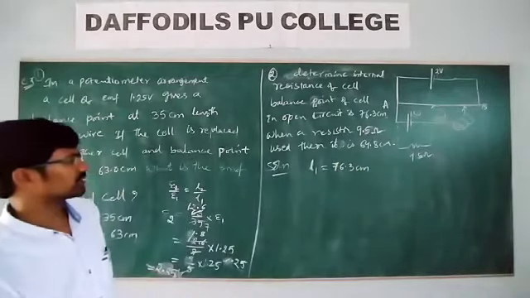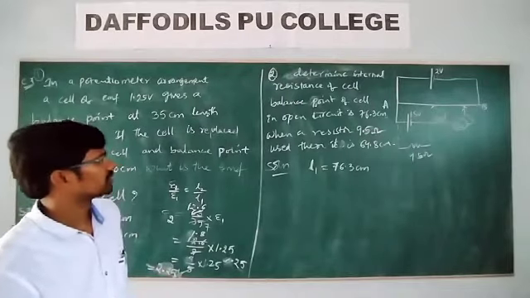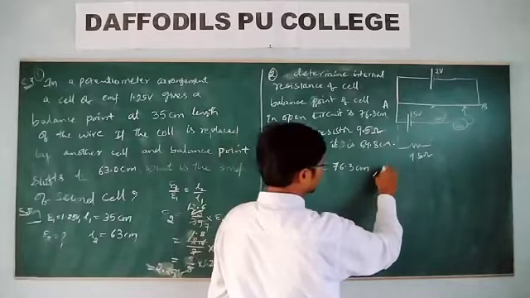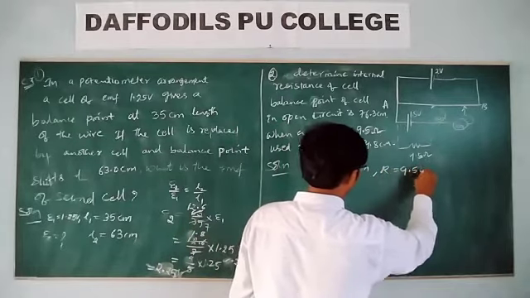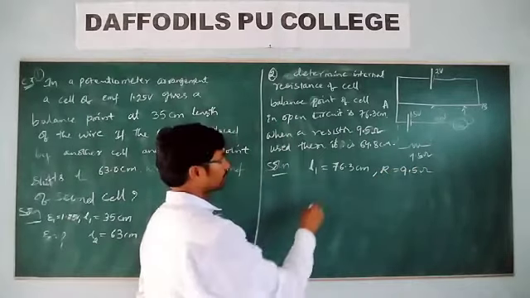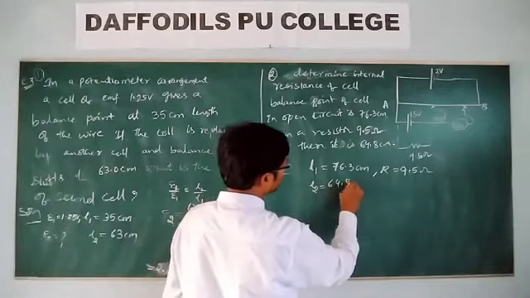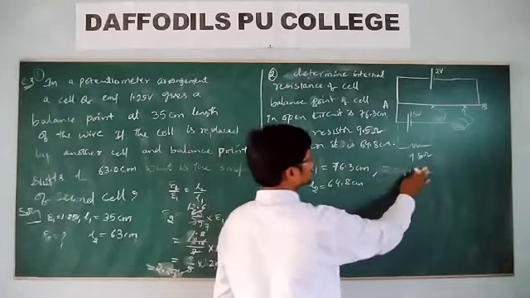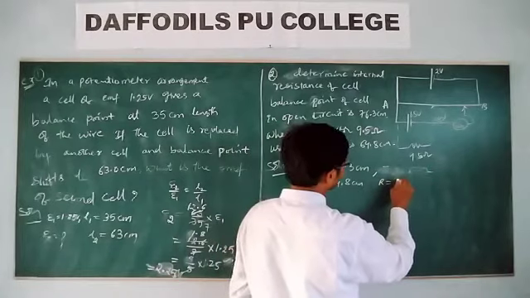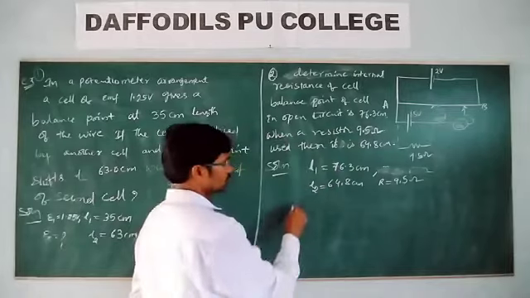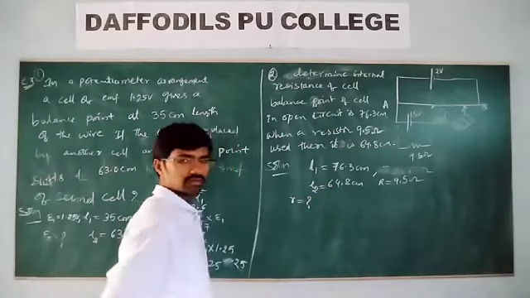And when 9.5 ohm, which is the capital R external resistance, is connected, the balance length L2 is equal to 64.8 centimeter. So here R is equal to 9.5 ohm. What is the internal resistance of the cell?